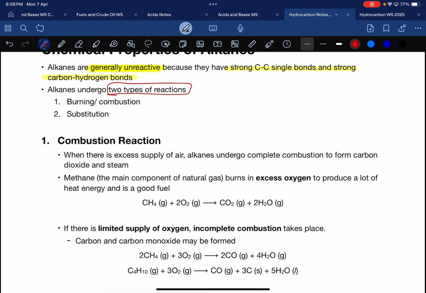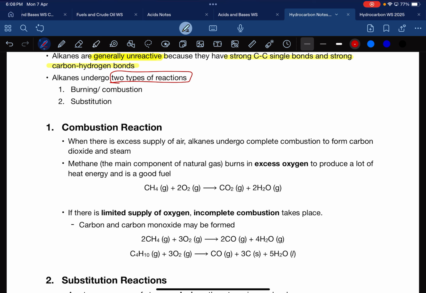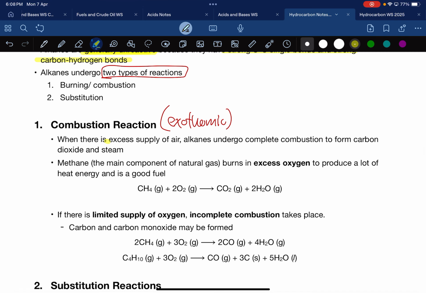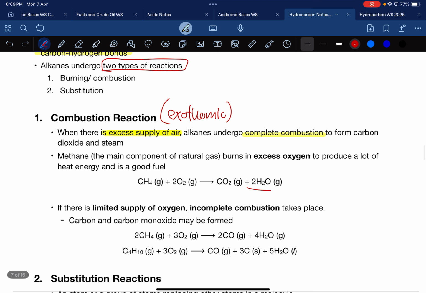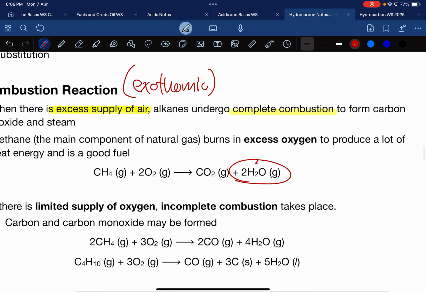Okay, so here's where all the weird words are going to start coming into place. Firstly, combustion is something we talked about before. It's an exothermic process, because you release energy. When there is a good supply of air, you undergo complete combustion to form CO2 and steam. Why steam?